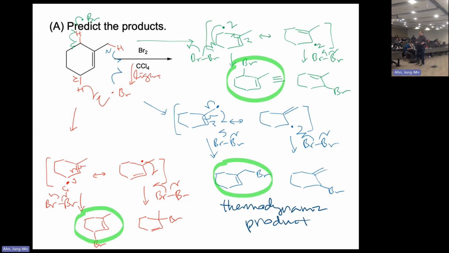So among them, which one is the most stable intermediate? You should be able to pick that one because that's an allylic and tertiary radical. That is the most stable intermediate. So if you do the reaction at low temperatures, the reaction goes through producing the most stable intermediate and by making a different thing as a major product.